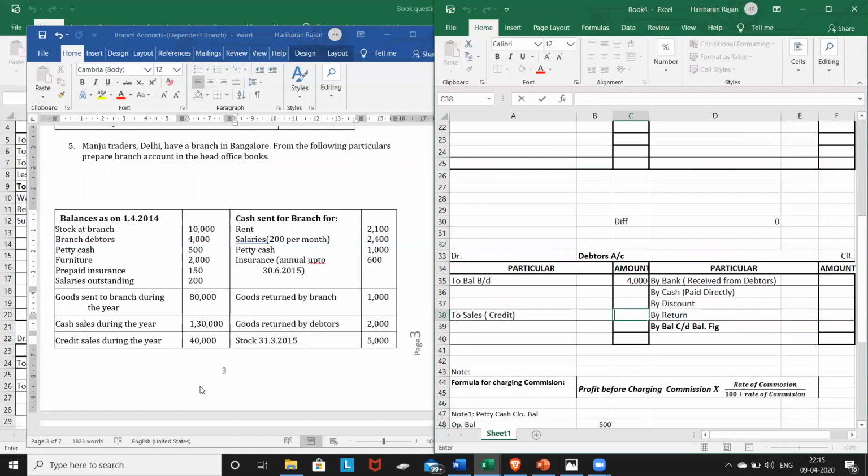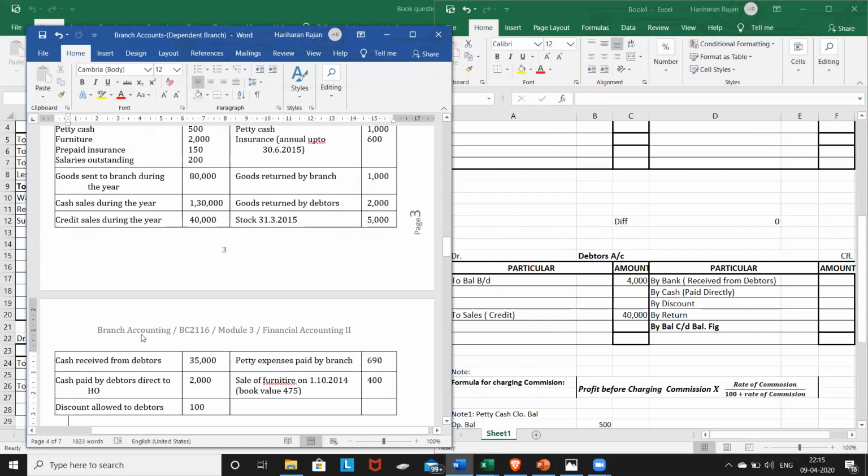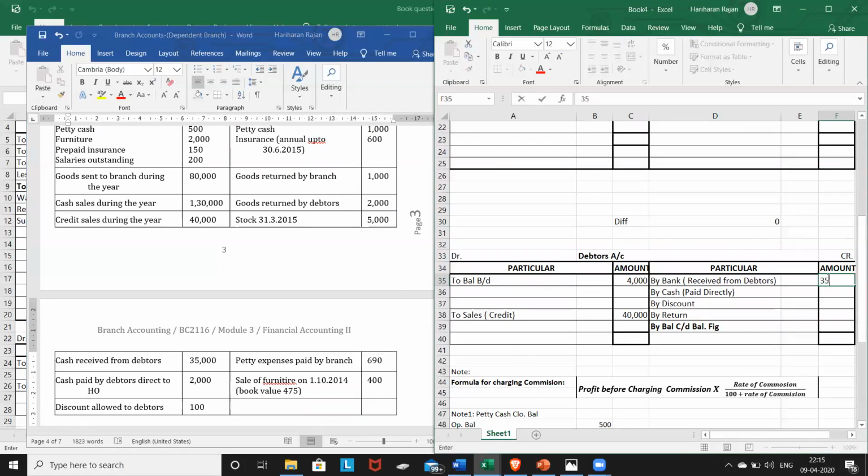Yes, there is a credit sales of 40,000. The question says there is 35,000 which is being paid by the debtor. 35,000. Cash paid directly is 2,000, which is there in the question.